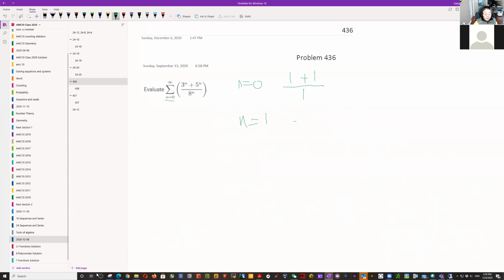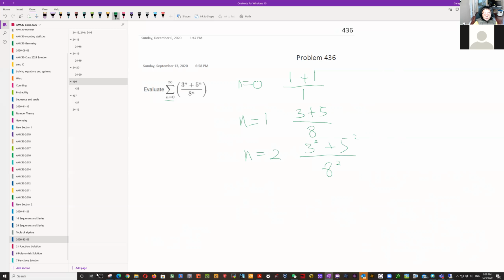N equal to 1, what will it look like? It's going to be 8 to the first, just 8. And 3 to the first, 3. And plus 5 to the first is just 5. And n equals 2, it's going to be 8 square, and that's going to be 3 square plus 5 square.